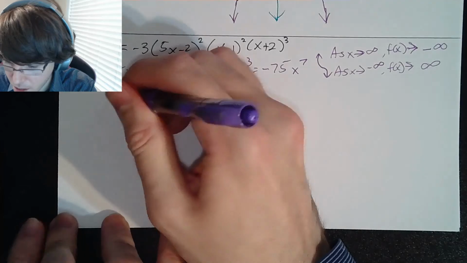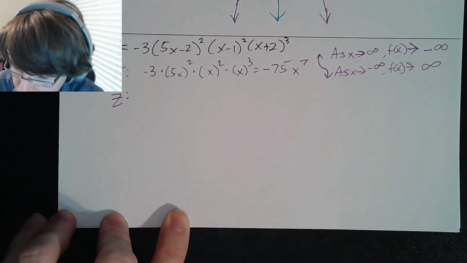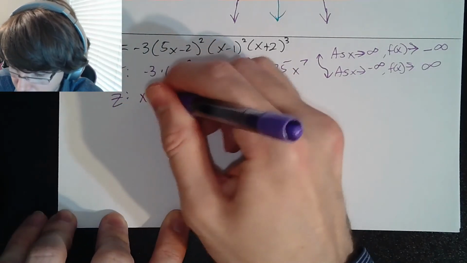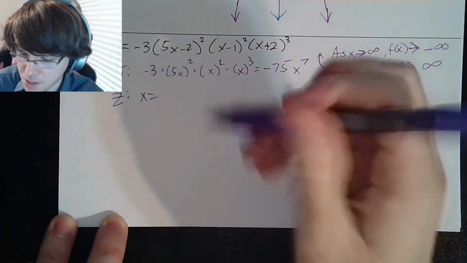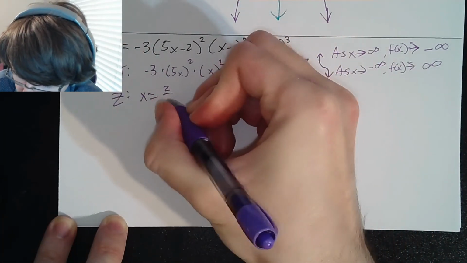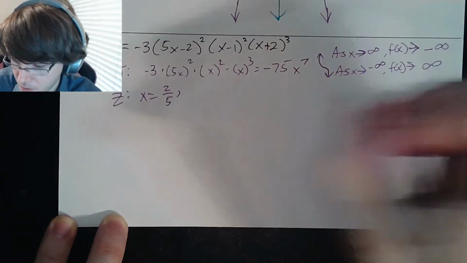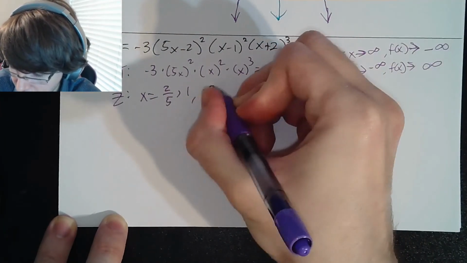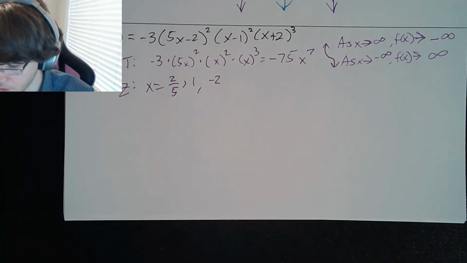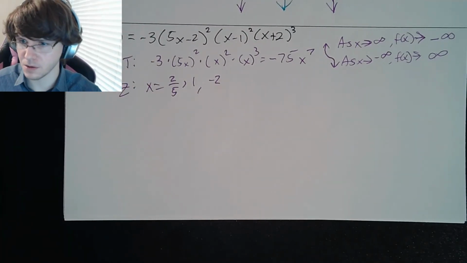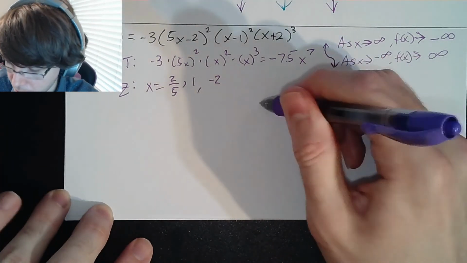Let's go ahead and make a list of our zeros. We have the hard fraction one. It's going to be this guy over this guy. Change the sign. So we got 2 divided by 5 positive. We have 1 and we have -2. Please note that that -3 does not create a 0. It's only important for the leading term, and that's the only part that matters for it.